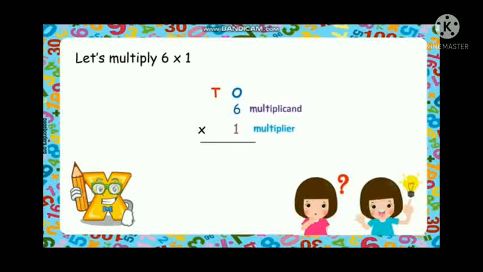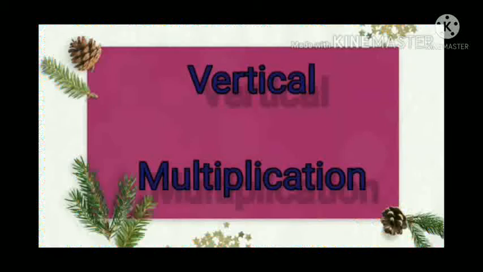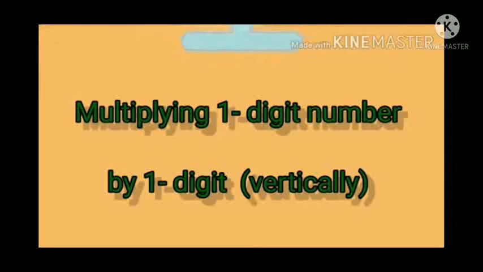So we will speak the table of 1 up to 6. 1 one is 1, 1 two is 2, 1 three is 3, 1 four is 4, 1 five is 5, 1 six is 6. So that is why 6 multiply 1 will come 6. More examples we will solve. They are vertical multiplication examples which are available in our textbook. In our textbook also we will solve examples, but before that you have to watch this video.